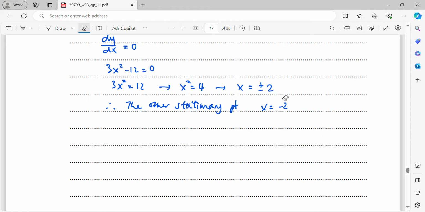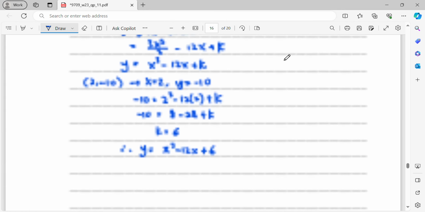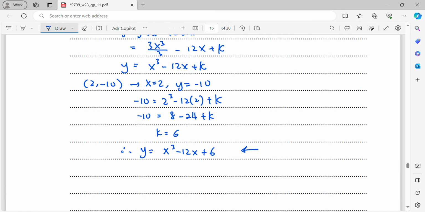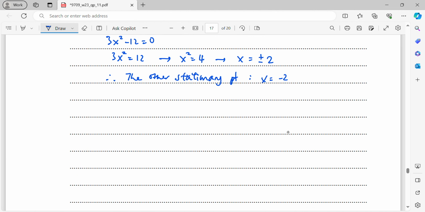Okay, so I need to find the point, the coordinates. So again, substitute back into the y. So it will be x cubed minus 12x plus 6. So I will write y equals x cubed minus 12x plus 6. So when x equals negative 2, y is negative 2 cubed minus 12 times negative 2 plus 6.